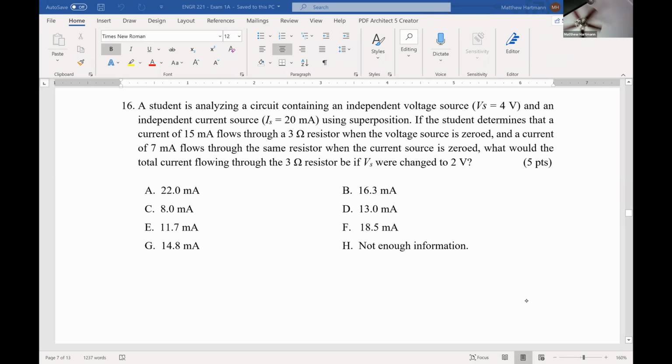So the problem says, a student is analyzing a circuit that contains an independent voltage source, Vs equal to 4 volts, and an independent current source, Is equal to 20 milliamps, using superposition.